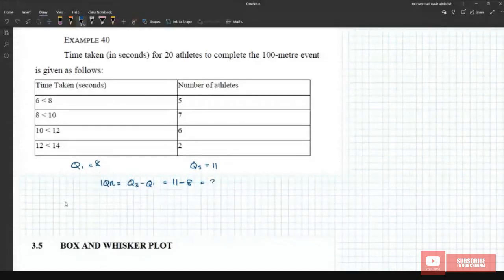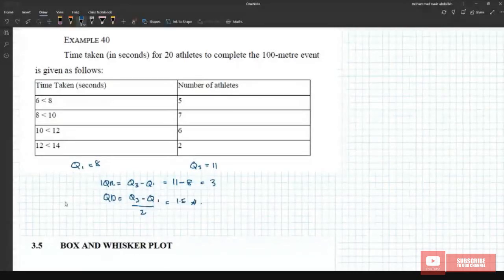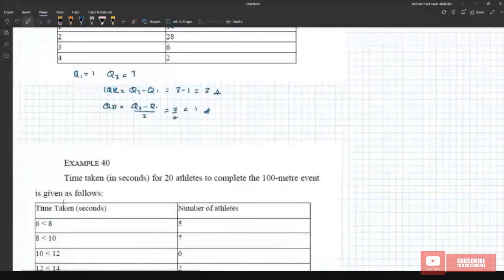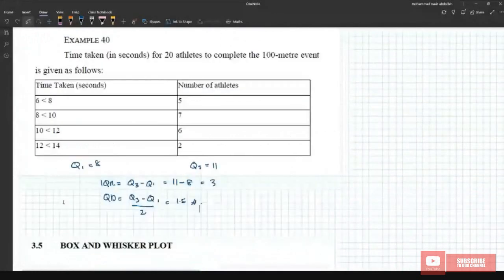And then the quartile deviation, quartile number 3 minus quartile number 1 divided by 2, is equal to 1.5. So remember, this is your homework. I want you to calculate quartile number 1 and quartile number 3 for examples number 39 and 40, right? I already provided the answers.